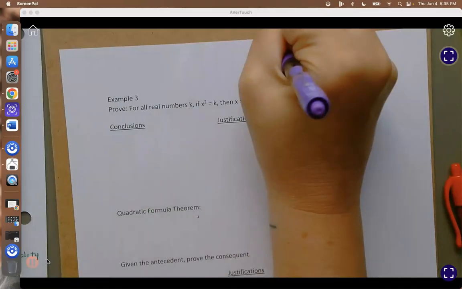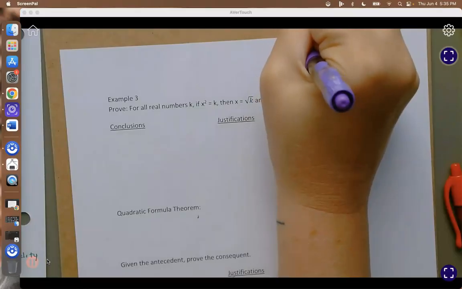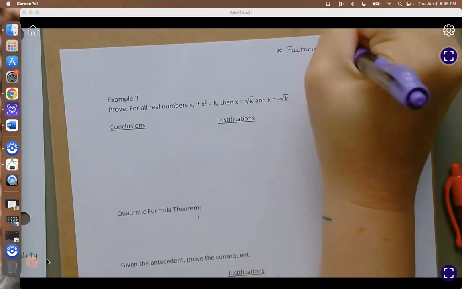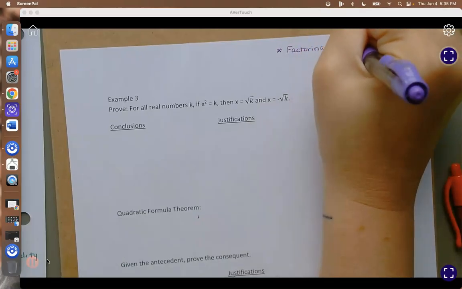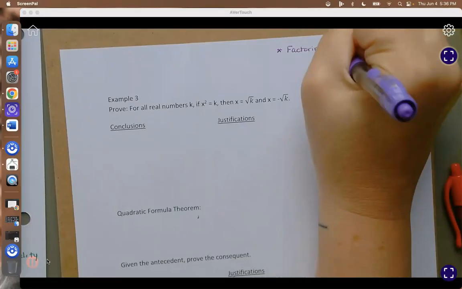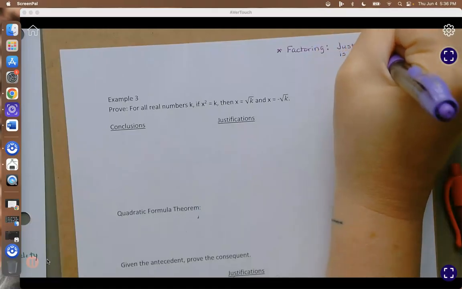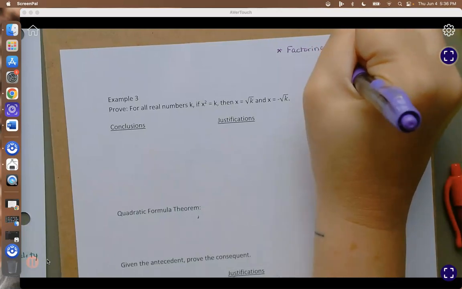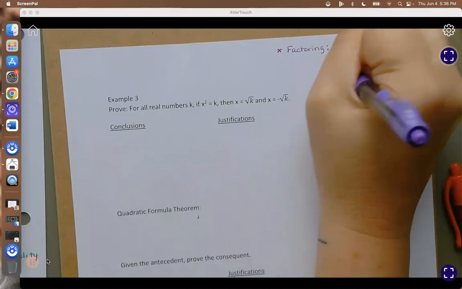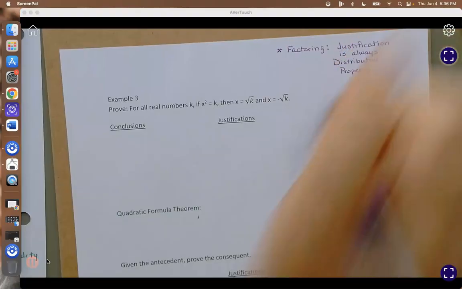Now, one thing you need to know, anytime you have to factor in a problem, any kind of factoring, the justification is always distributive property.